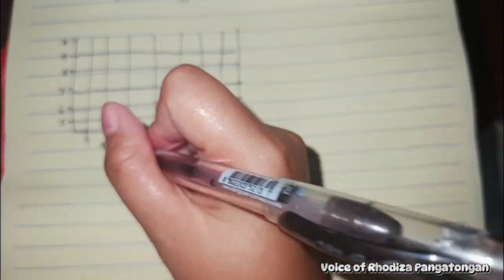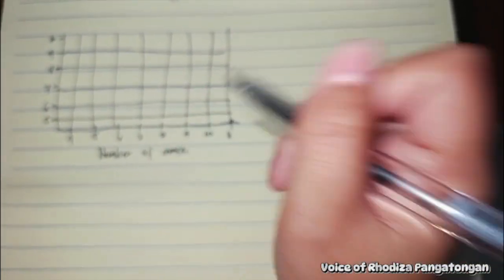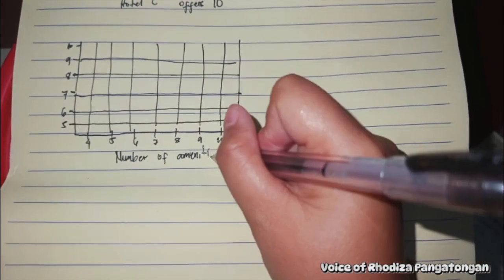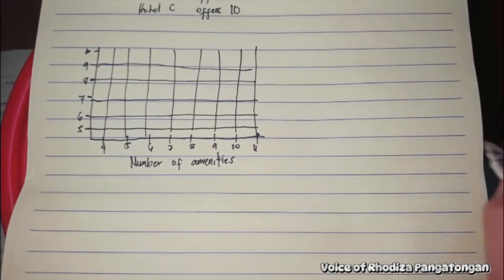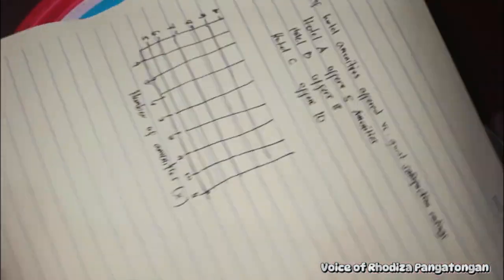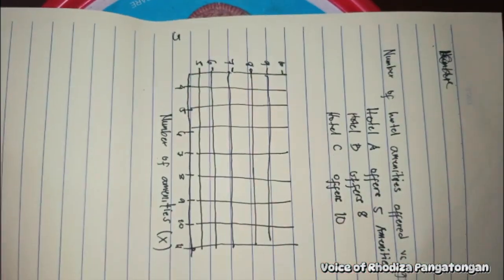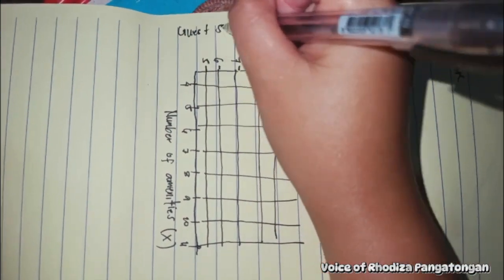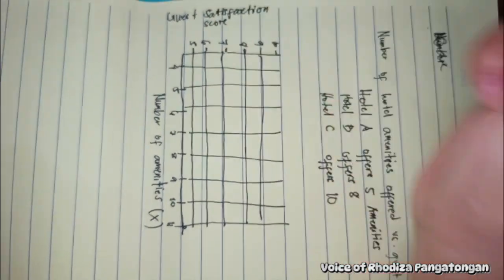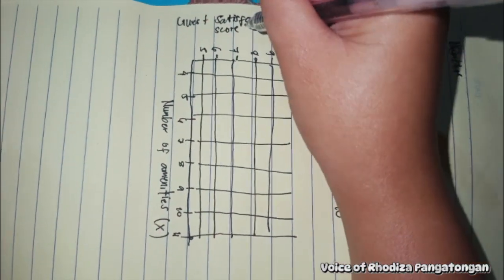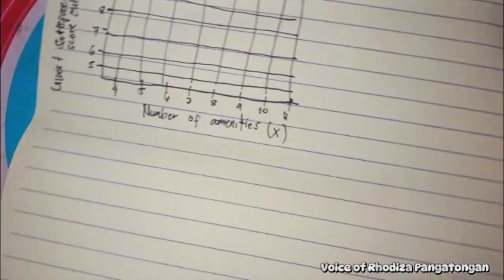Down here is the number of amenities, and right here is the guest satisfaction score out of 10. So it's the Y.